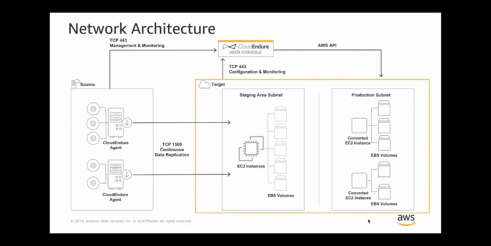And you can also encrypt the EBS volumes at rest using your own AWS account key, KMS account key. Staging and production areas can reside in the same subnet or VPC or separate ones within the region, depending on your security and access requirements. So again, CloudEndure is able to do this automatically. Everything is orchestrated with simple clicks of the button.